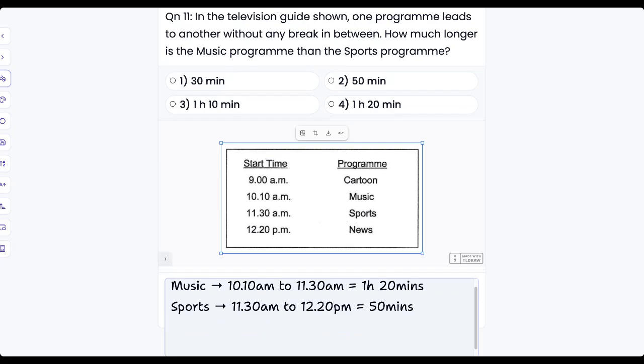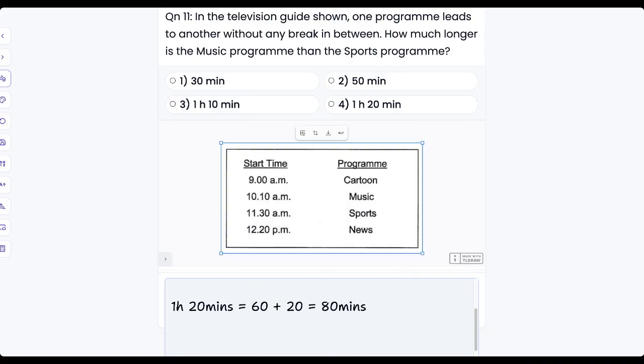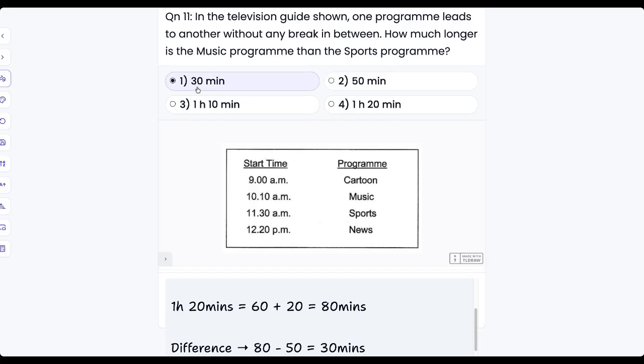So what is the difference? 1 hour 20 minutes is essentially equal to 80 minutes, or 60 plus 20 equal to 80 minutes. So the difference is equal to 80 minus 50, which in this case is 30 minutes. There you go. So the answer is 30 minutes.